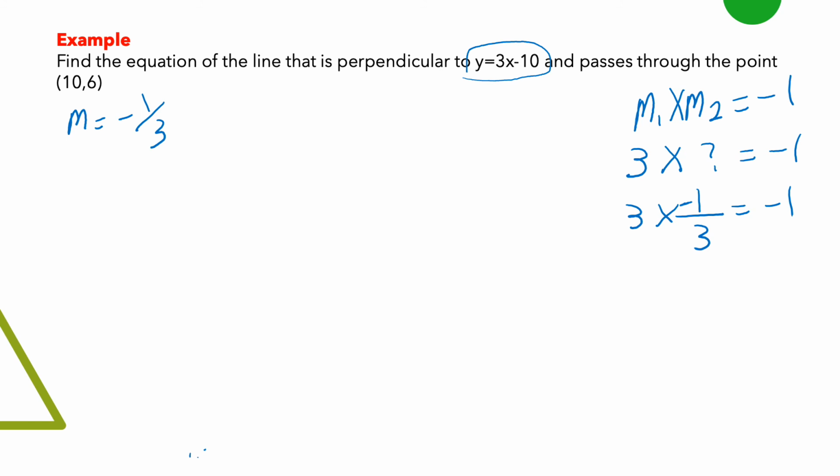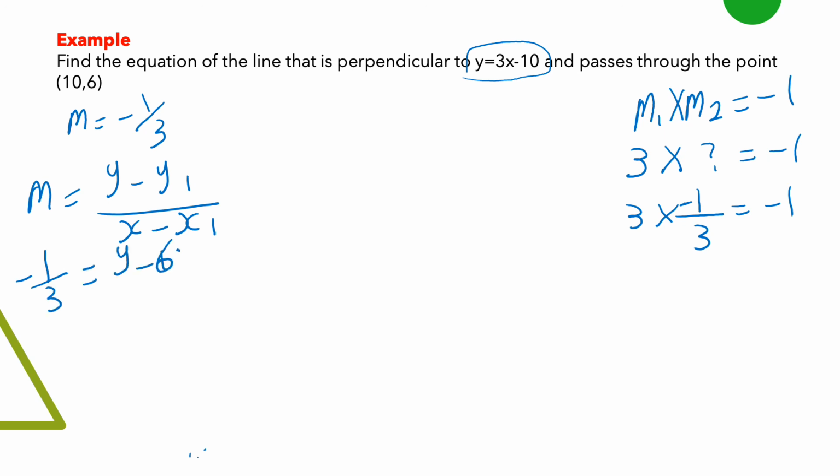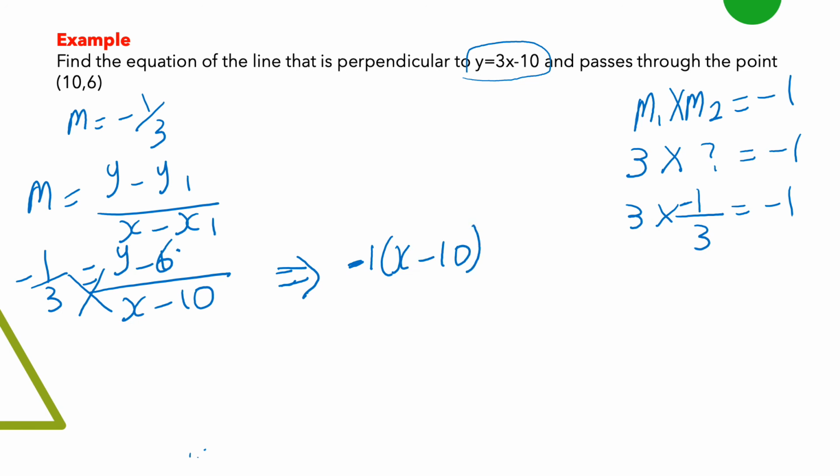And then once we get to this stage, we use the same rules, the gradient rule. So the gradient is -1/3 equal to (y - 6) over (x - 10). Cross multiply. We've got -1(x - 10) = 3(y - 6).